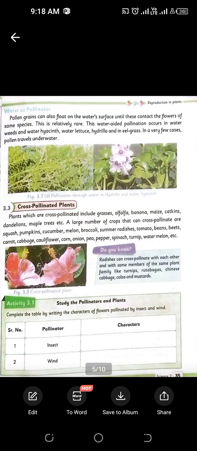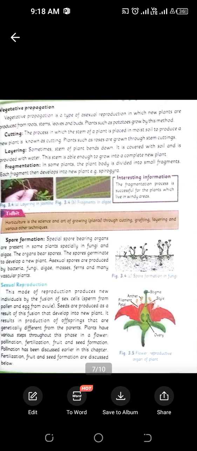So, first of all, let's discuss the structure of a flower. It's figure 3.5, right? The structure of a flower consists of stigma, style, and ovary. Then we have anther and filaments. Then we have the colored part like the petals, right?